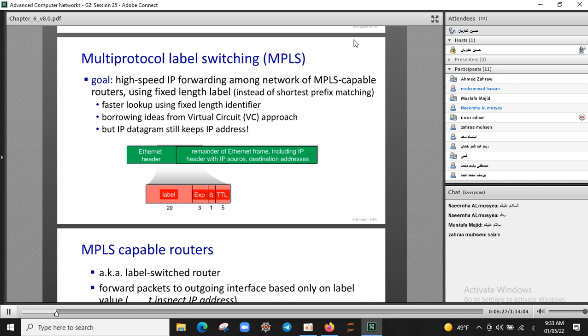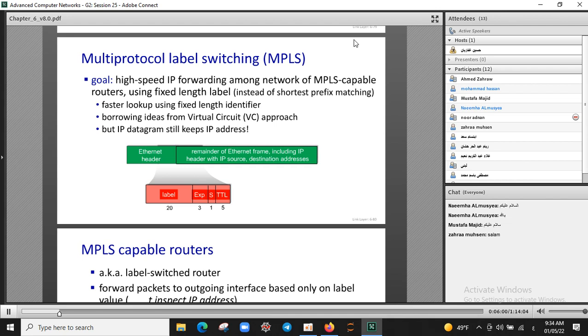What is the goal of MPLS? The goal of MPLS is that I'm using IP network, IP structure, on layer 3, and a new switching mechanism, similar to virtual circuit networks, in layer 2.